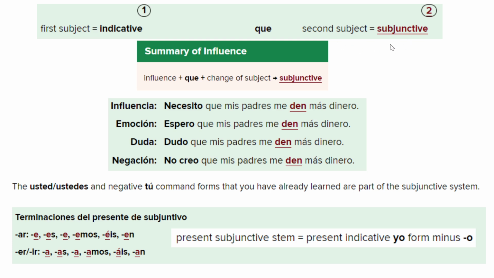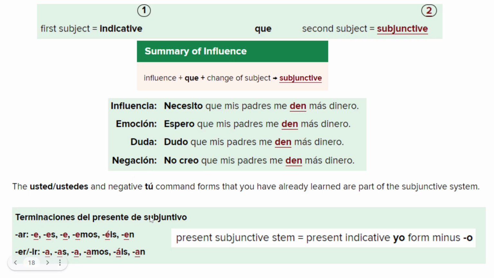So this is the subordinate clause. Main clause, first one. Subordinate clause, second one. No subjunctive in the first verb, subjunctive in the second verb. Okay, so in the middle there are just some examples of verbs that would be for influence, emotion, doubt, negation.